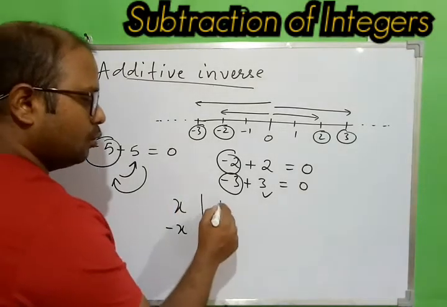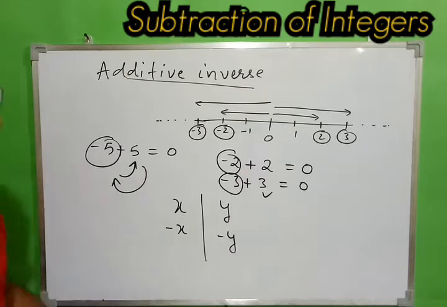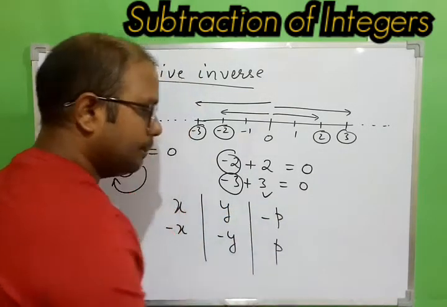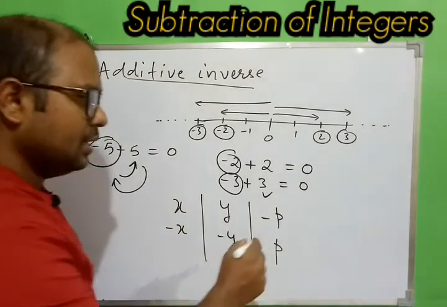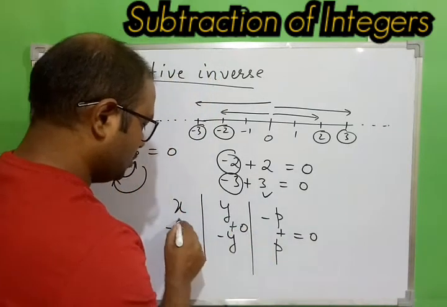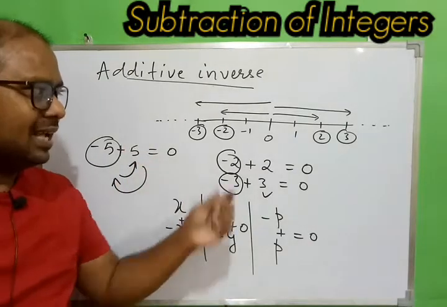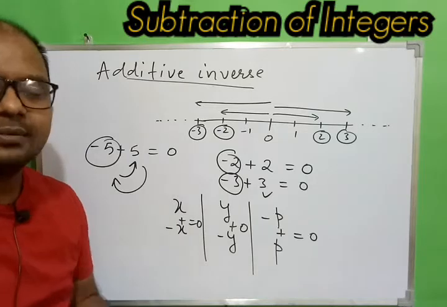If we have y, then -y will be the additive inverse of y. If we have -p, then p will be the additive inverse of -p, so that if you add these two, you will get 0 all the time. So this concept you have to remember. Any number will have an additive inverse, and this will help to understand the subtraction concept.